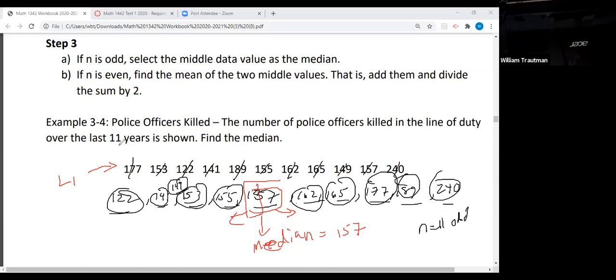Edit. And put it into list 1. 177, 153, 122, 141, 189, 155.